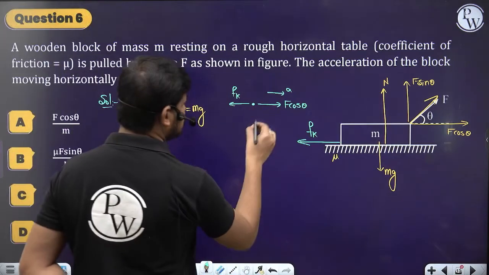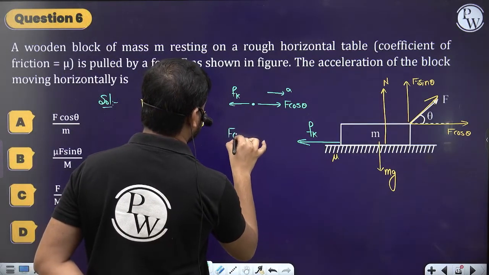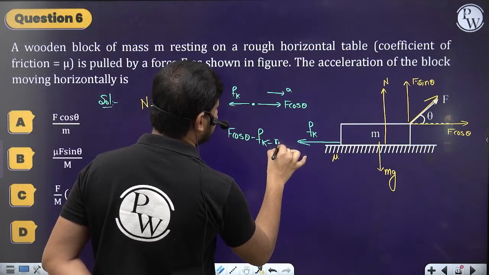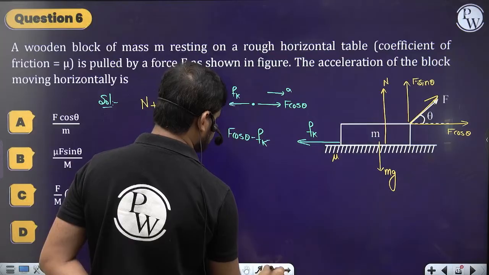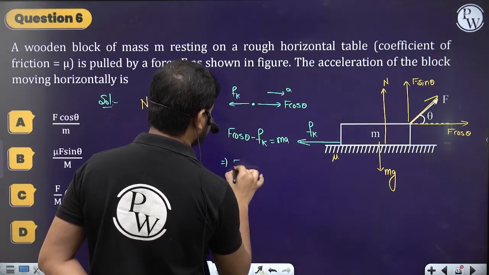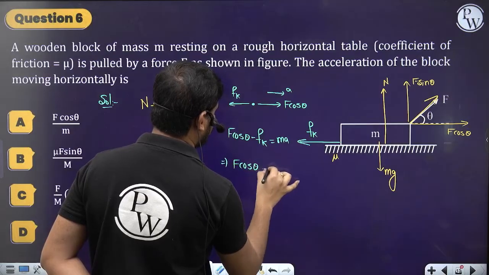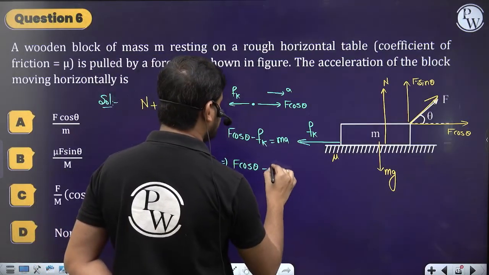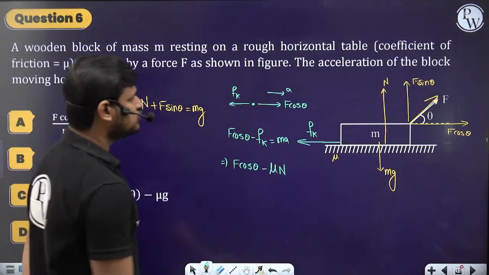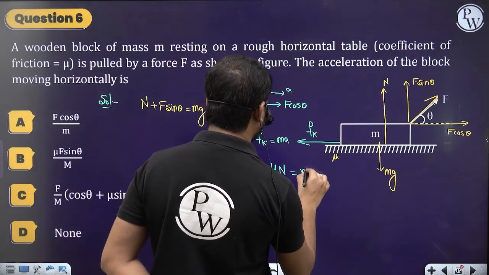F cos theta minus Fk is equal to the mass of the block into the acceleration. I am applying Newton's second law. So from here, F cos theta minus Fk, which we know is mu into N, is equal to ma.